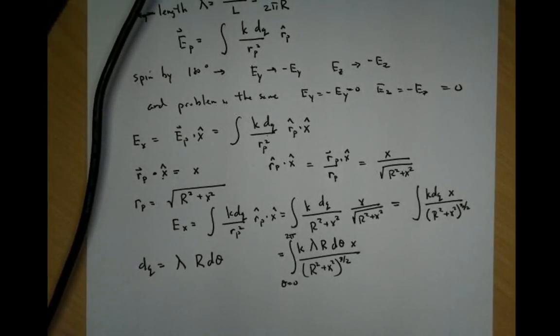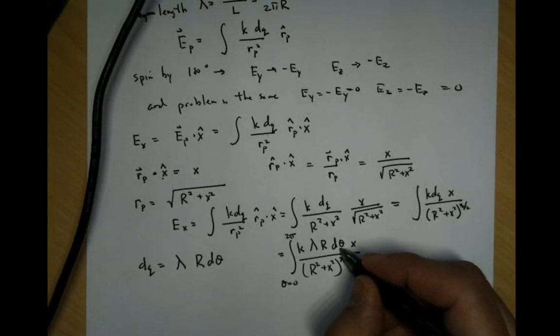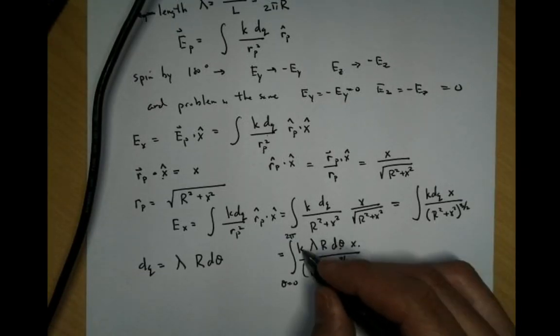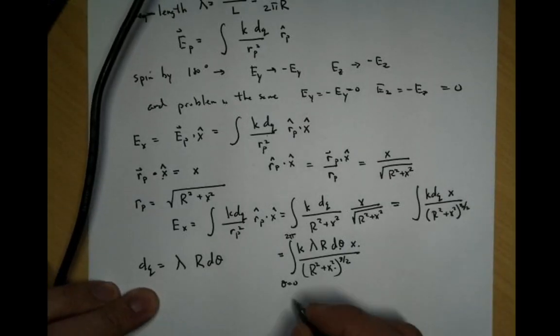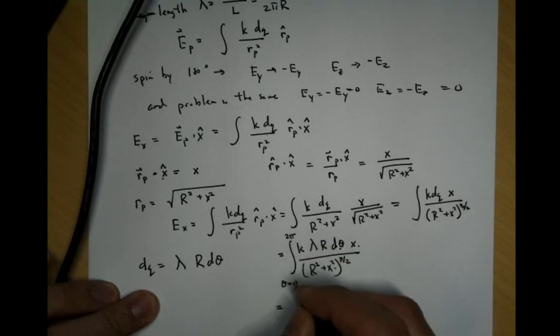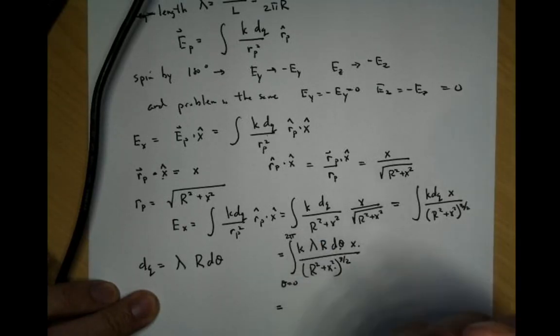But with respect to theta, there is no theta. This is x, this is x, this is r. Everything is a constant with respect to that. So in fact, this integral becomes the integral of d theta from 0 to 2 pi. That's just 2 pi.